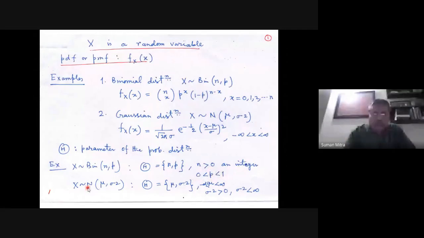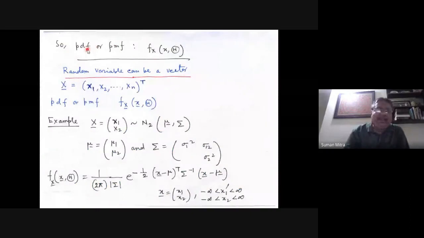Similarly, when we take x follows Gaussian (mu, sigma square), then my capital theta, which is parameter set of this distribution, is (mu, sigma square), where mu is taking any value between minus infinity to infinity, and sigma square taking any value greater than 0, less than infinity. Okay? So what we can do is that we can actually express the PDF or PMF by f_X(x; theta). So this theta is my parameter of that random variable.